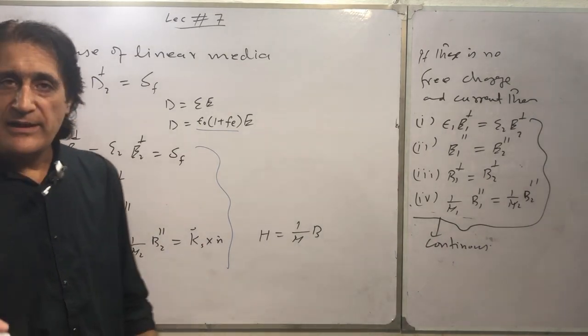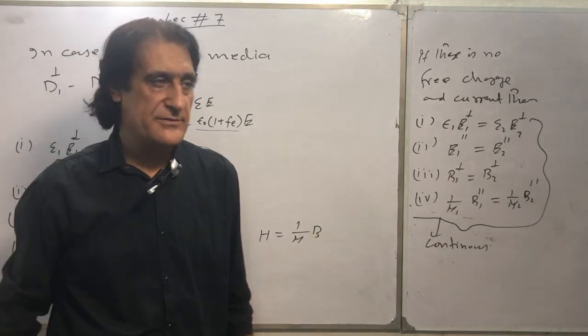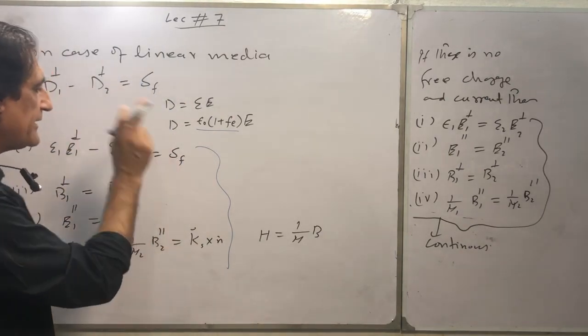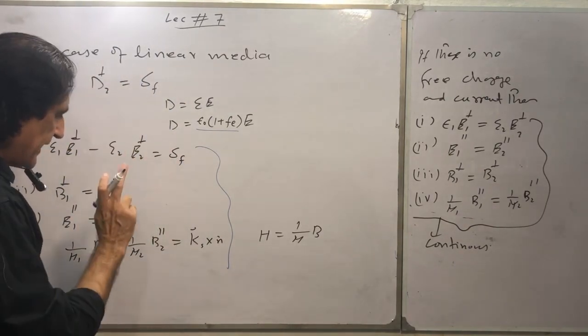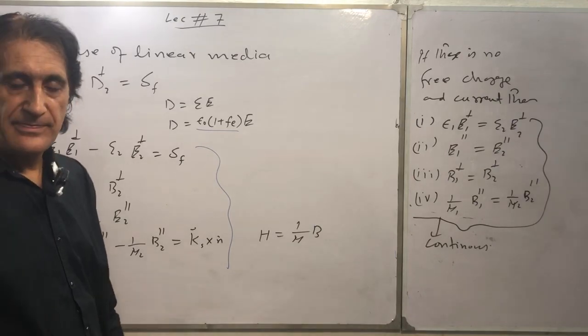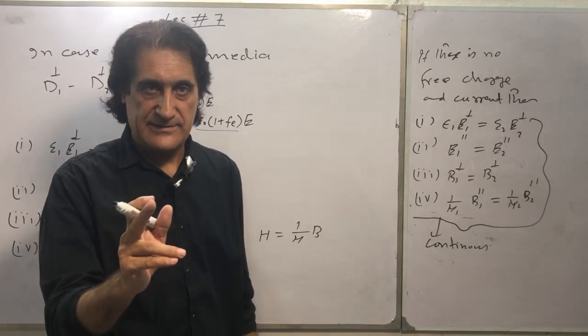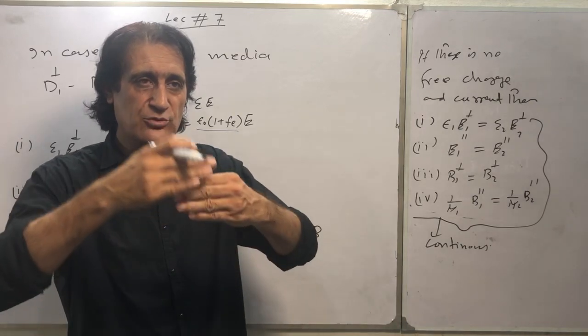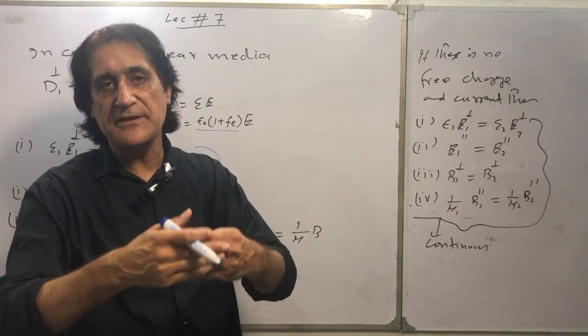Now the point is, if we have no free charge density and no current density, what will happen to the components of these fields?